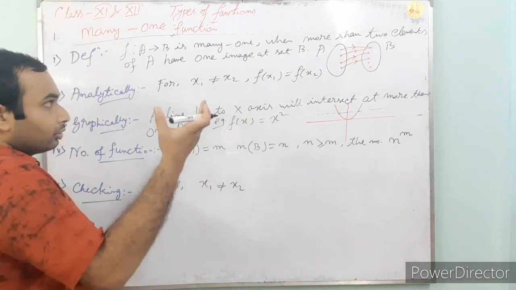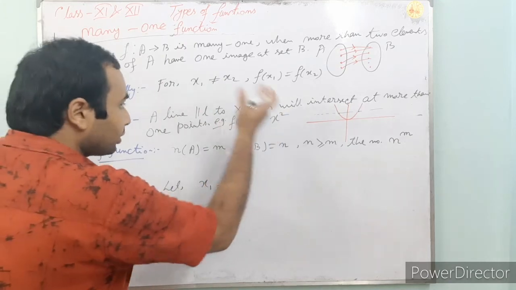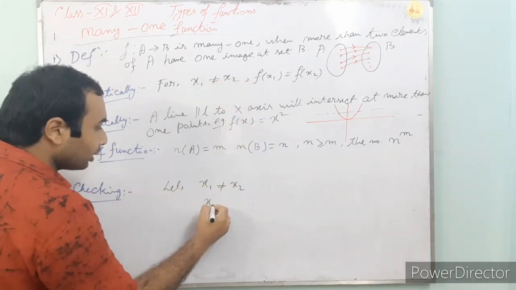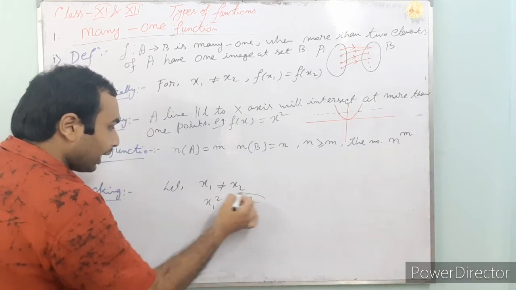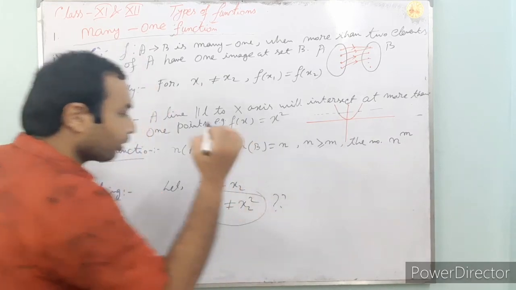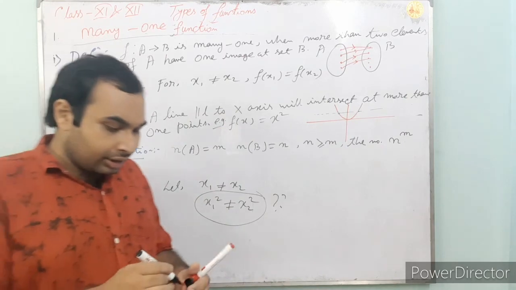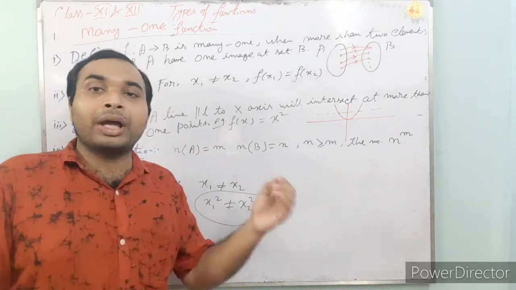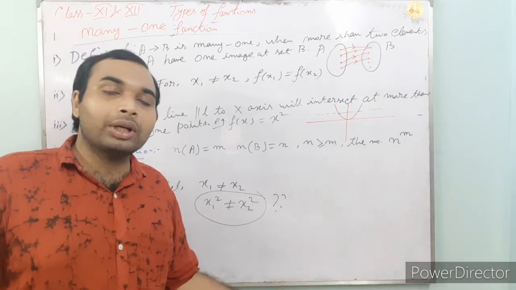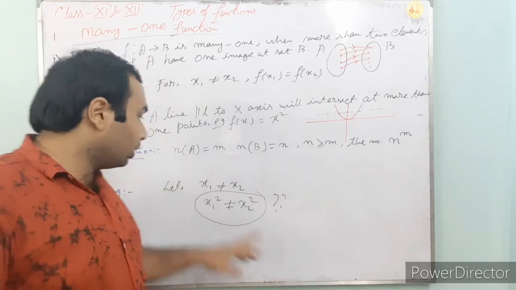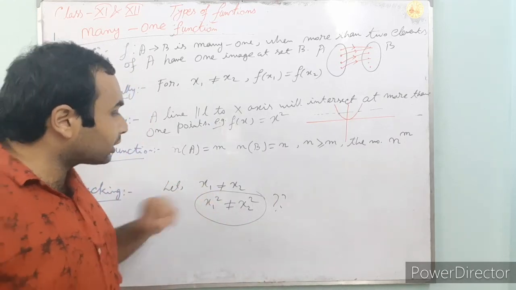Then can we say x1 square not equals to x2 square? We cannot say this, because sometimes it happens that minus 1 squared is 1 and 1 squared is also 1. Minus 2 squared is 4 and 2 squared is also 4. So from this we cannot say this.